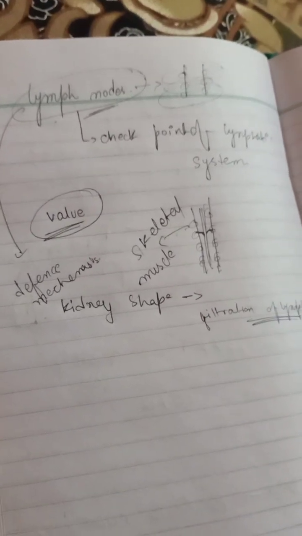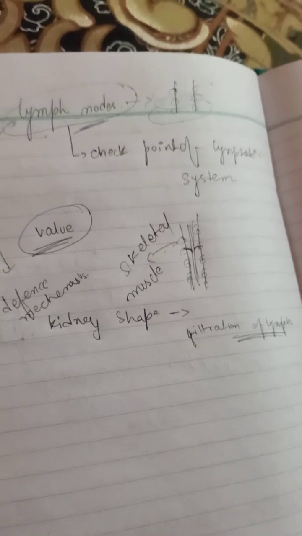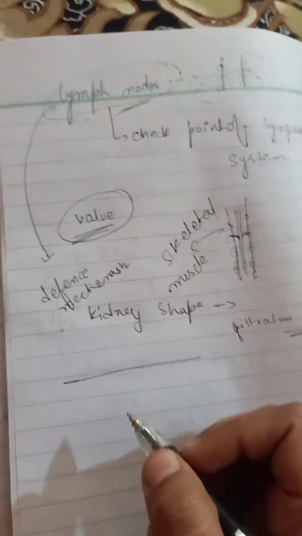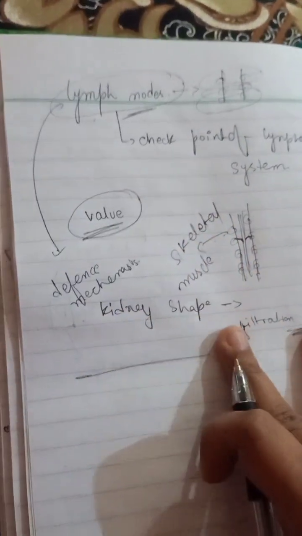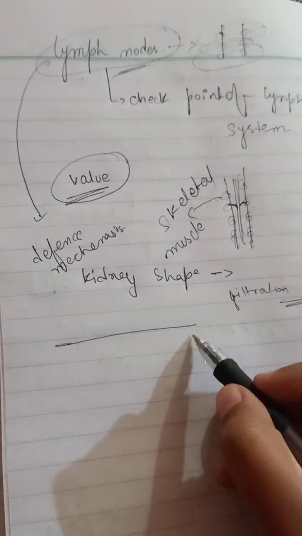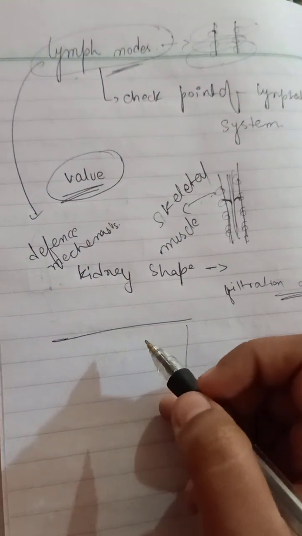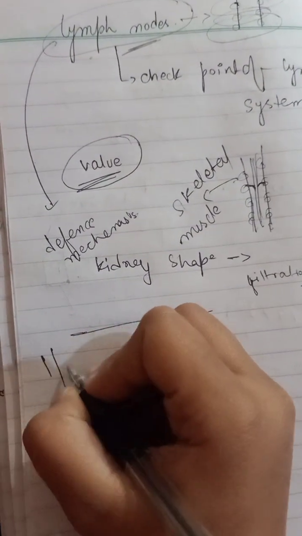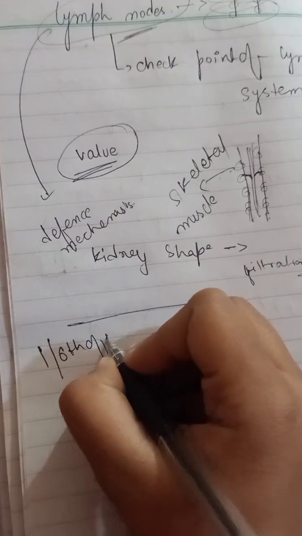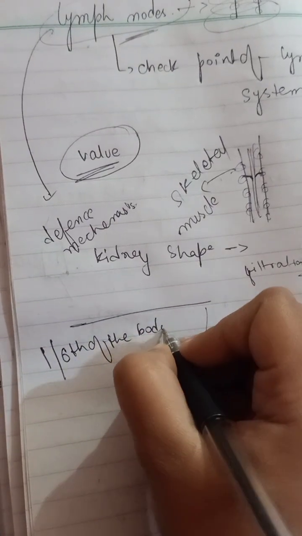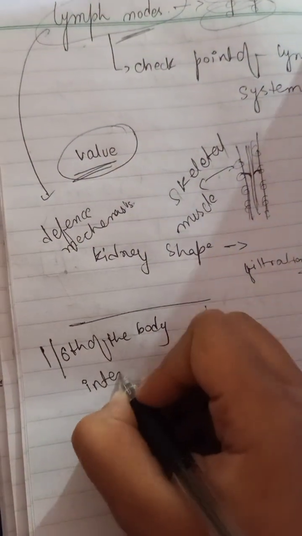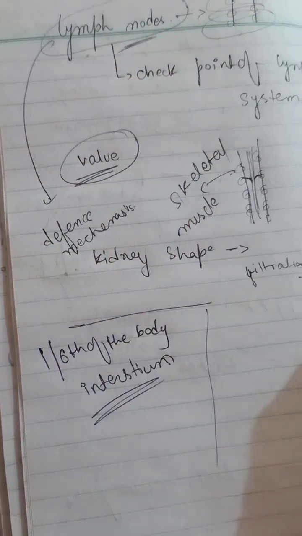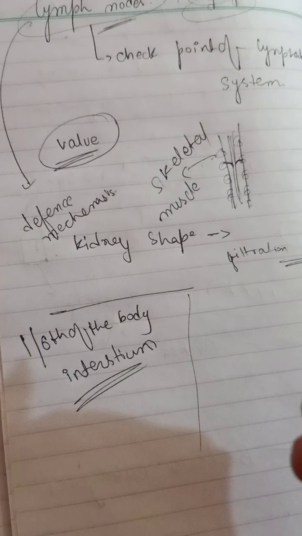One more point I want to tell you: yesterday we started, and I am coming to the lymph node, but an additional point about the lymphatic system was remaining. The interstitium makes up about one-sixth of the body. Yesterday I told you that the interstitium is the part where the interstitial fluid is present.